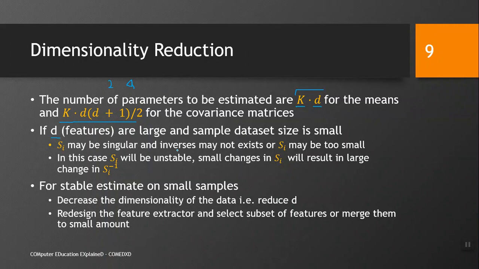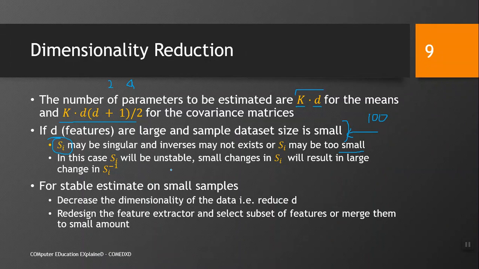If d, the number of features, is large and the sample data set is small, now it's interesting. If the number of features in our data set is large, for example 10 features, and the data set is small, for example it contains only 100 instances, S_i may be singular and the inverse may not exist, or S_i may be too small, the variance. In this case, S_i will be unstable.